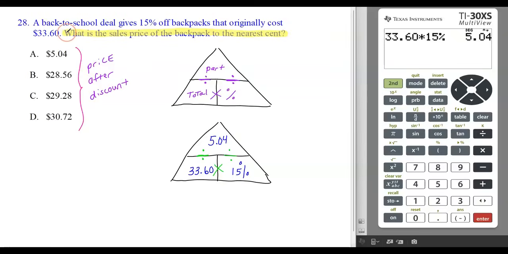If the question says, what is the discount, then your answer choice would be A. So careful here. It's not A. The original price was $33.60 from right here. It's a discount, so I'm going to subtract the part. I'll subtract this discount. Minus 504.